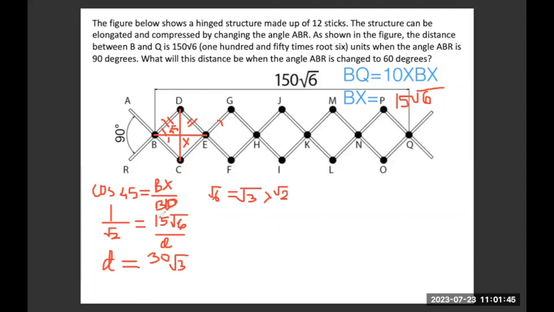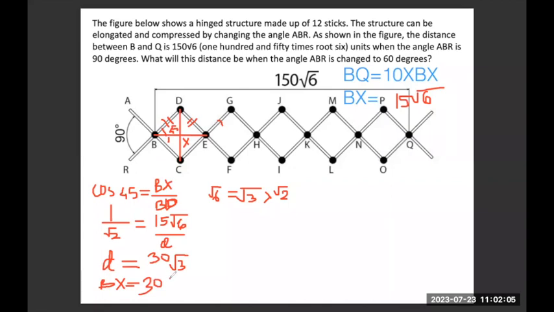That's why I've multiplied 15 into 2, 30 multiplied by root 3, which gets left behind. Is this clear? D's value, which is BX, is 30√3.